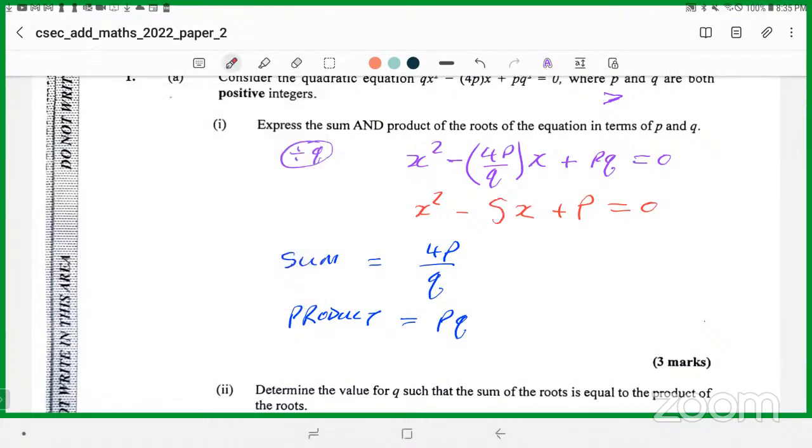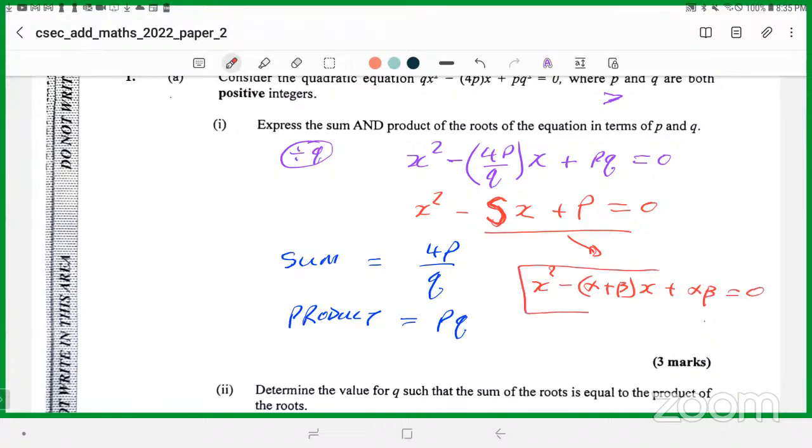A quadratic equation can be written as x squared minus the sum of the roots times x plus the product of the roots equals 0. If you want to write this same equation in terms of alpha and beta, it can be x squared minus alpha plus beta times x plus the product, alpha beta, equals 0.